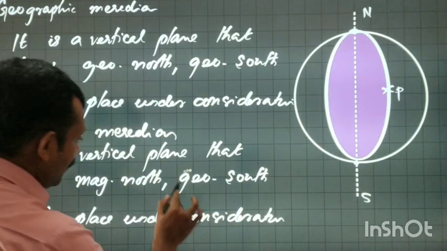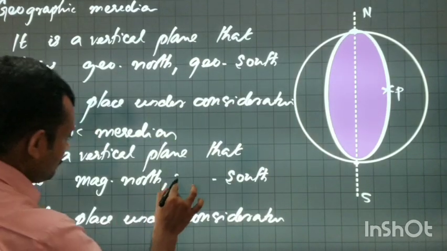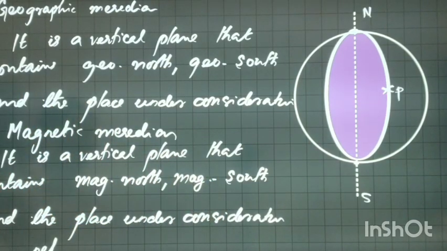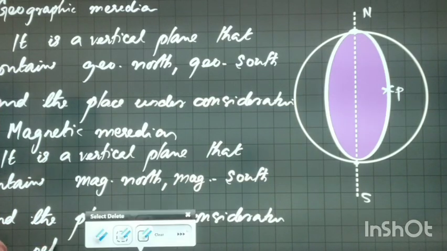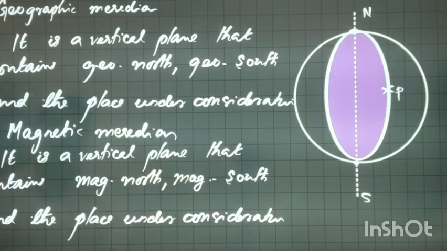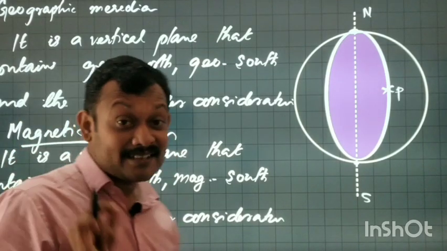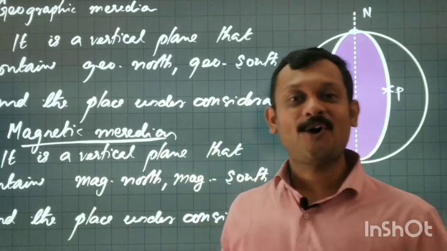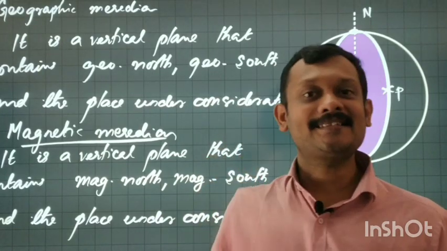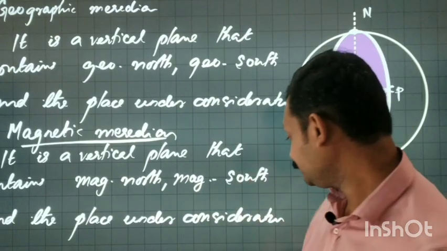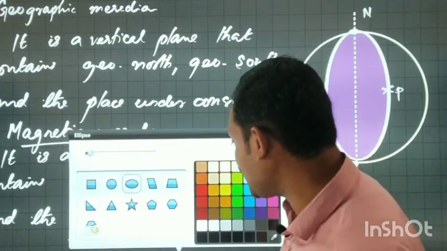The other one is magnetic south, and the place under consideration. See here. So what is the magnetic meridian? It's a vertical plane that contains the magnetic north pole, the magnetic south pole and the place through which we have to take the meridian. Now in this case, where is the magnetic north pole?